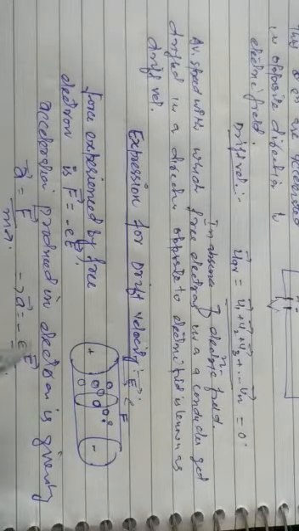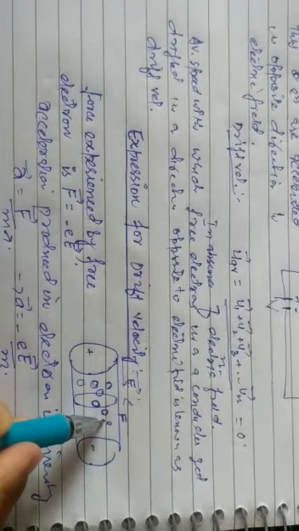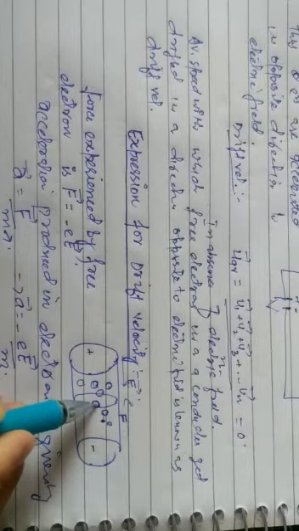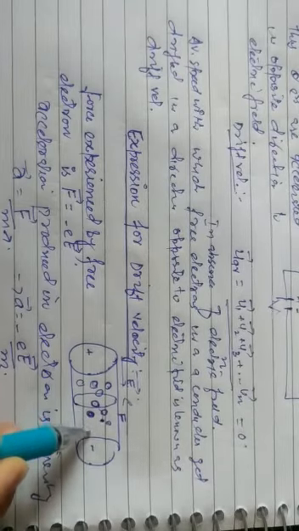This acceleration remains for very small time, because when the accelerated electron moves, it reaches here and gets collided. After collision it gets accelerated again, but gets collided with another constituent of the atom.